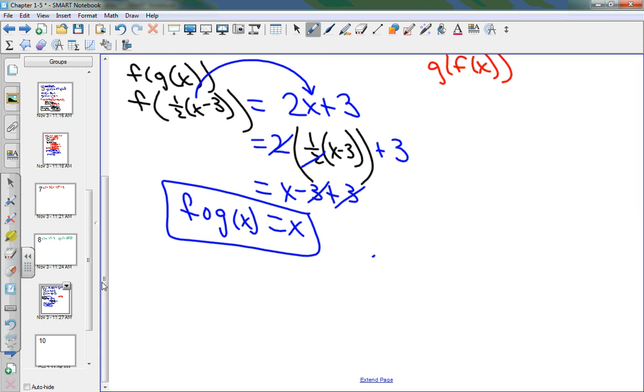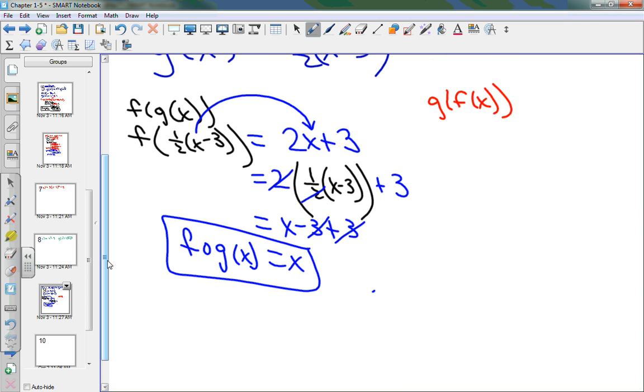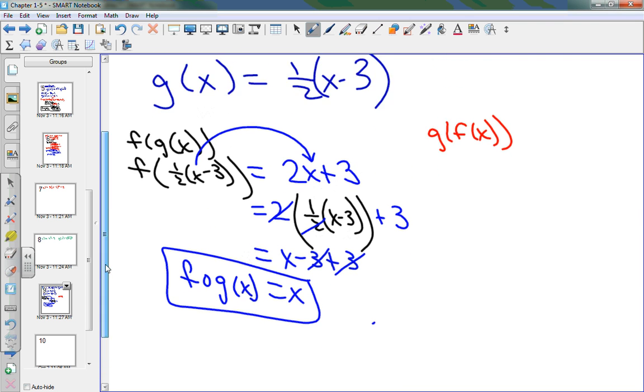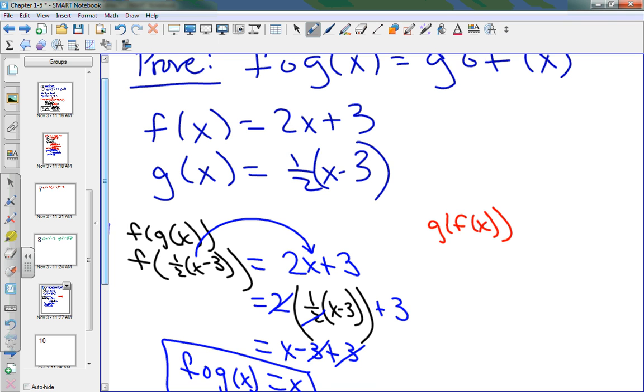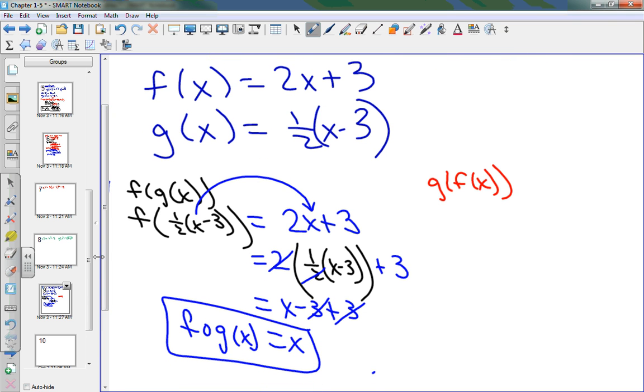Now I need to compare it to g of f of x. Well, what is f of x? So I'm doing g at the value of 2x plus 3. I'm calculating the function g at the value 2x plus 3. What is the function g?